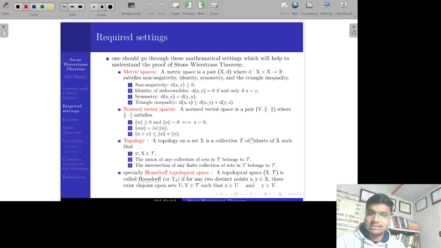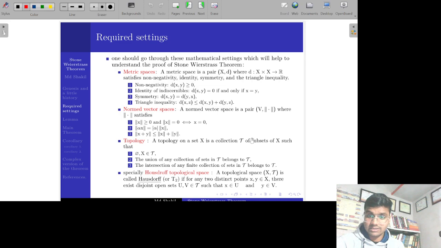And the other setting is normed vector spaces. Most of us also know about this from undergraduate courses, I think. A normed vector space is nothing but a special kind of vector space along with a norm.